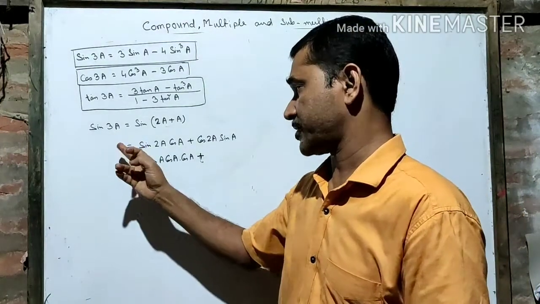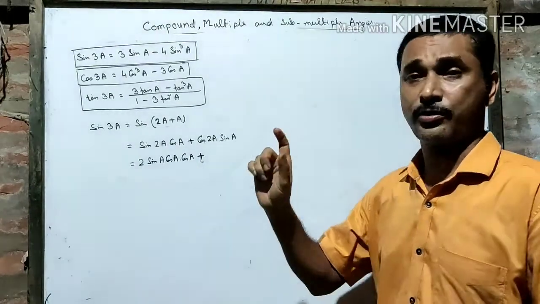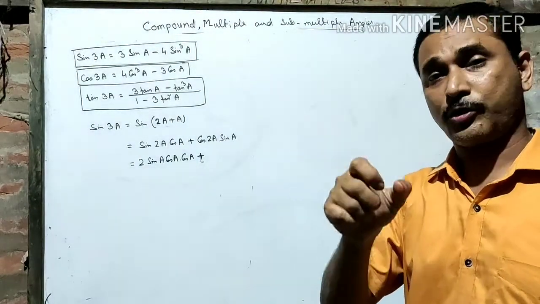This is a formula for sine, so we will break cos in terms of sine. So we are going to write 1 minus 2 sin square A for cos twice A.